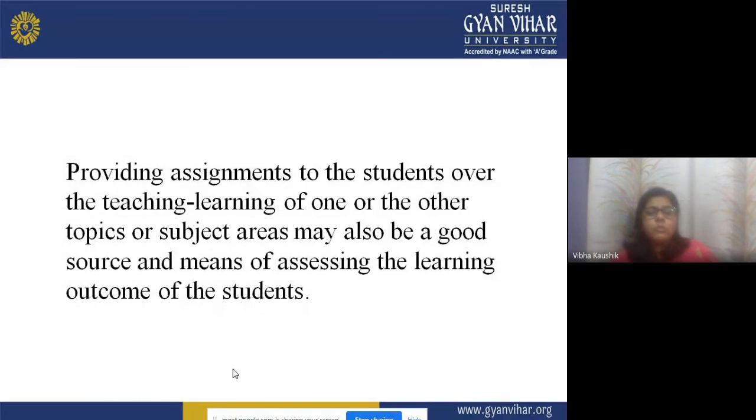Providing assignments to the students over the teaching learning of one or the other topic or subject area may also be a good source and means of assessing the learning outcomes of the students.